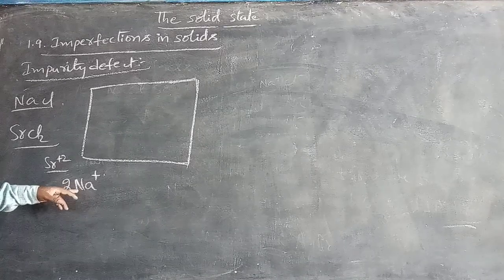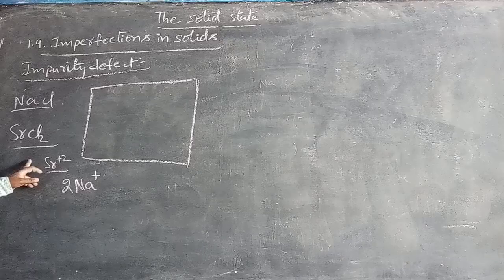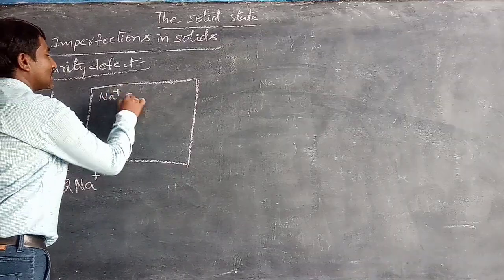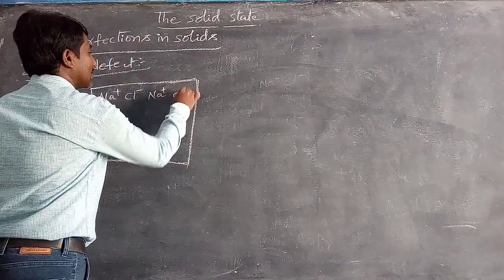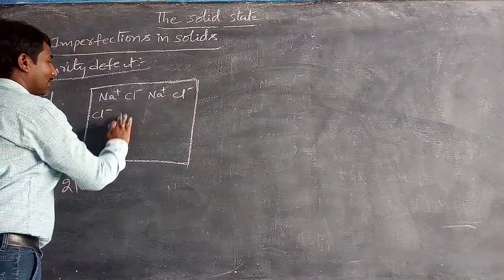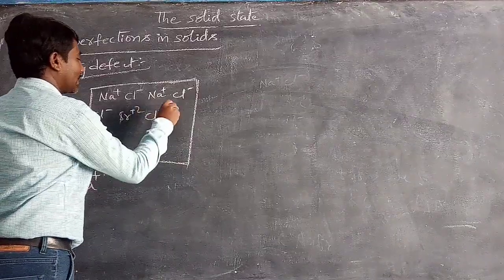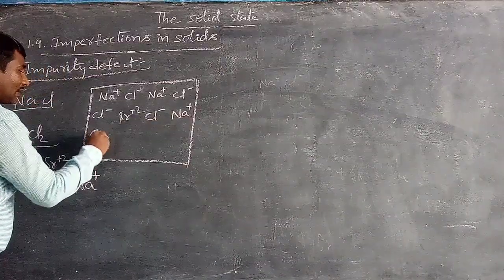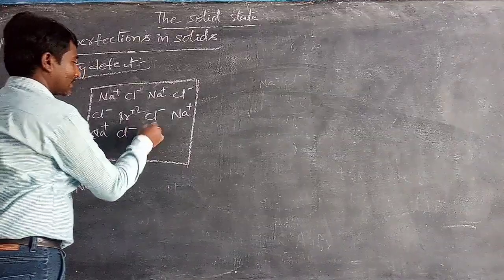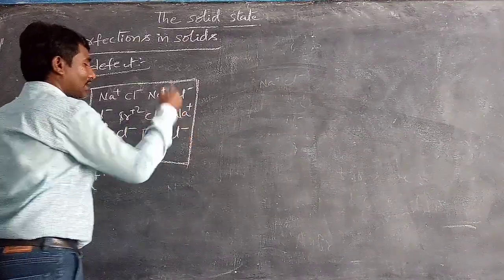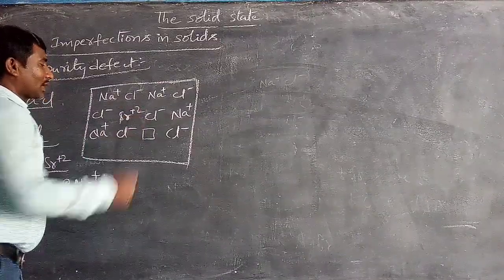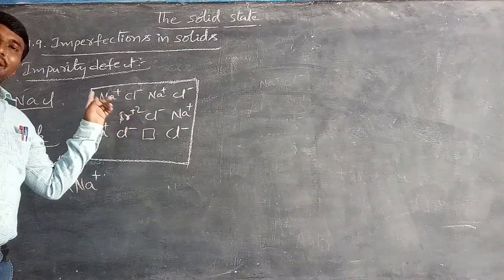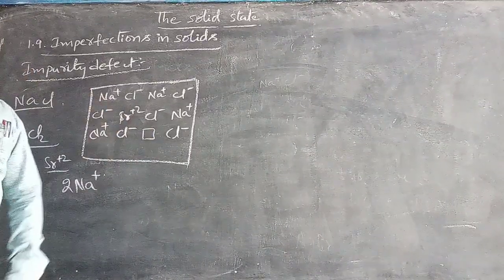So that means a cationic deficiency, and an impurity defect will be produced. Suppose the lattice has Na+ Cl- Na+ Cl-, then Sr2+ Cl- Na+ Cl-. Here the Sr2+ is neutralized in place of two Na+ ions: one site is occupied by Sr2+, and another Na+ site is vacant.